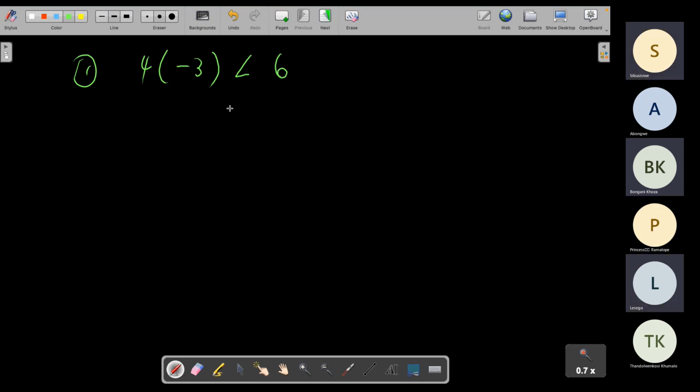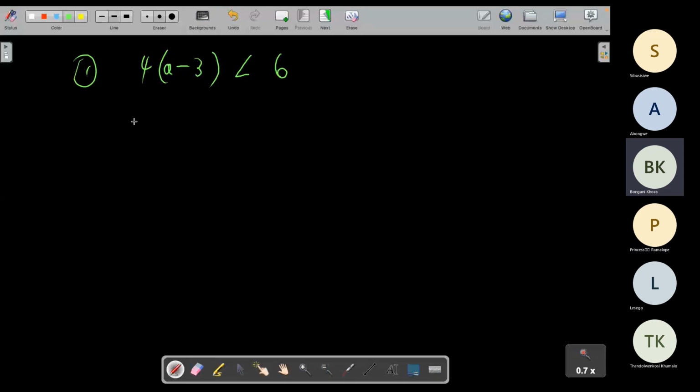I wrote 4 open bracket A minus 3 close bracket less than 6. Before the minus 3 there's an A. It's A minus 3, like this. Yes. Okay.